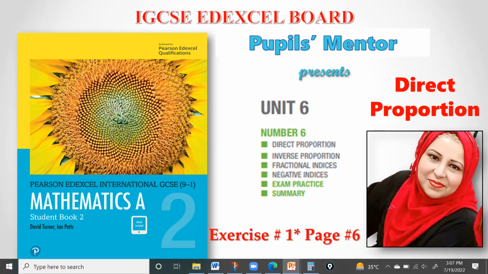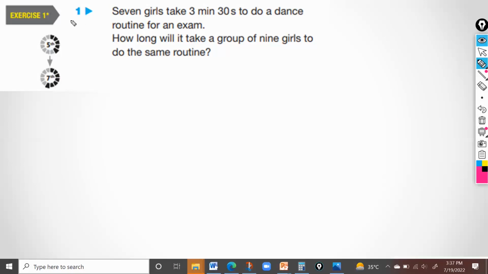So let's start with exercise number 1 star. Question number 1: 7 girls take 3 minutes 30 seconds to do the dance routine for an exam. How long will it take a group of 9 girls to do the same routine? So the answer is no change.